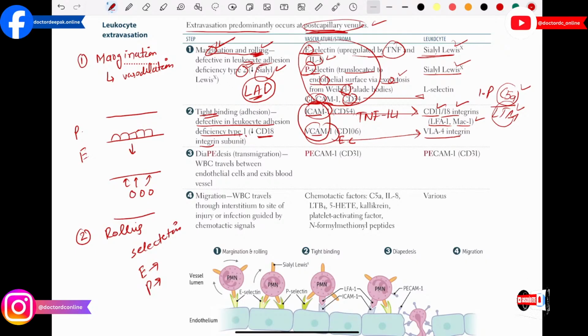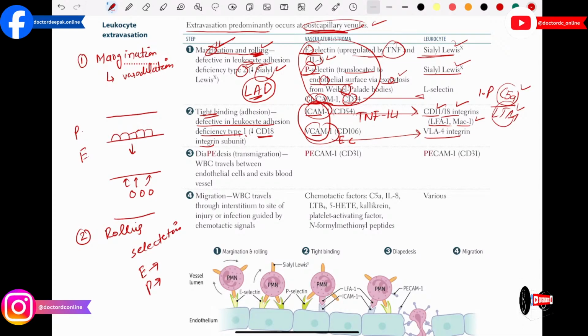In type 1 there is a problem in integrin molecules like CD18, which are present on the leukocyte. In type 2 we have the problem in Sialyl Lewis. So these are the important points which you have to remember.